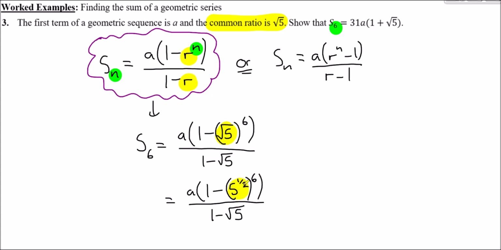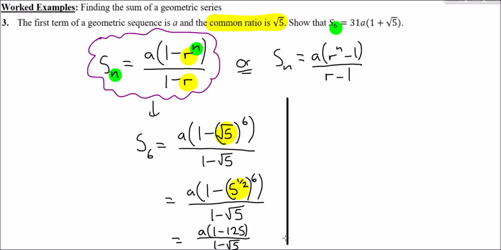The power of a power, we multiply the powers. So 5 to the half to the power 6 will be 5 to the power of a half times 6, 5 cubed. So next line, I can say this is a brackets 1 minus 125, because 5 cubed is 125, all over 1 minus the square root of 5.